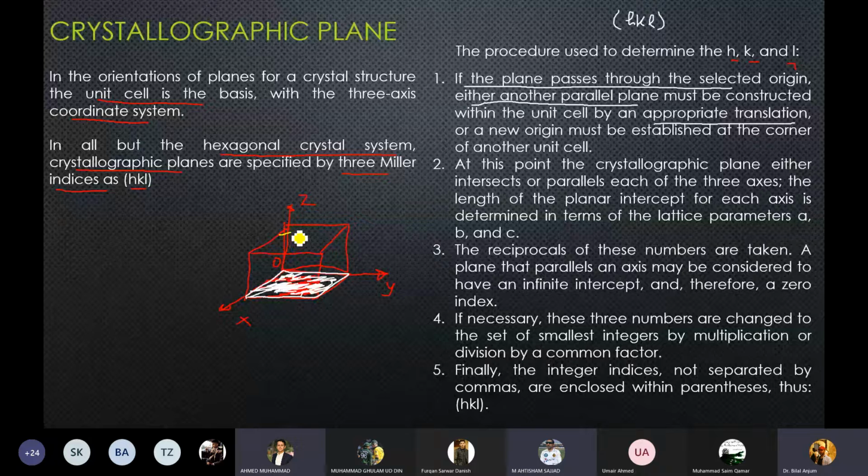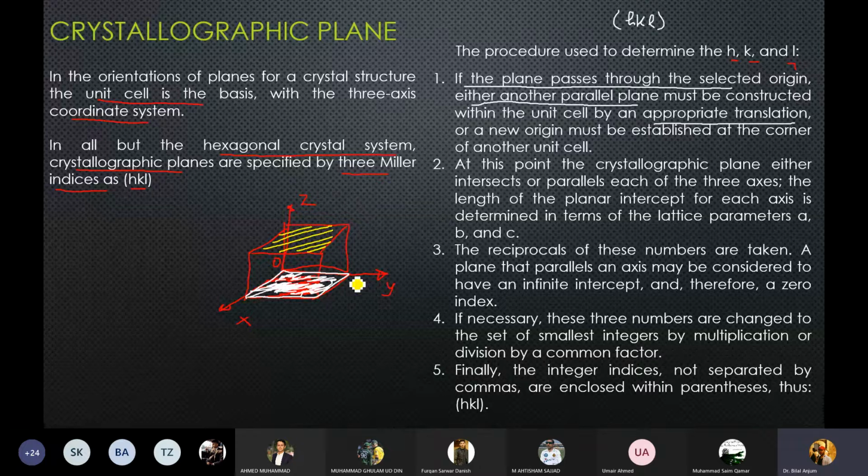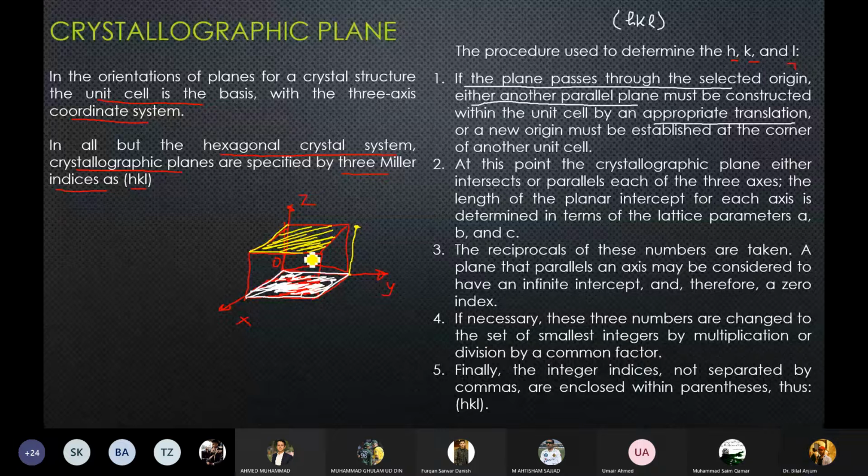So what I'll do is I'll select another plane which is translated by the exact amount of the unit cell dimension. So I have moved this plane upwards by a complete unit cell dimension, which is the yellow plane. Clear enough? All right. This is one way of doing it.